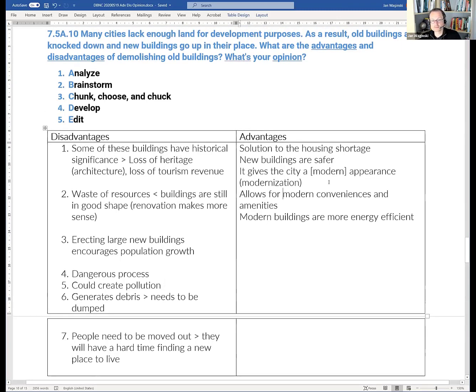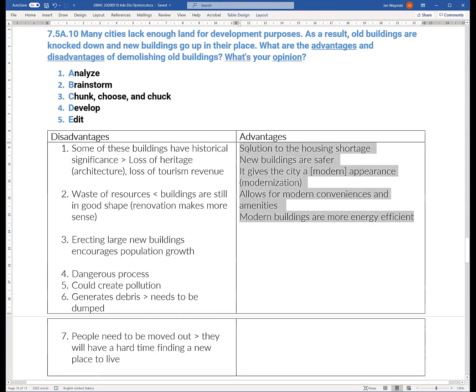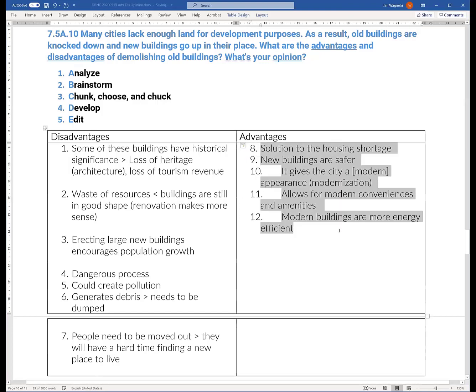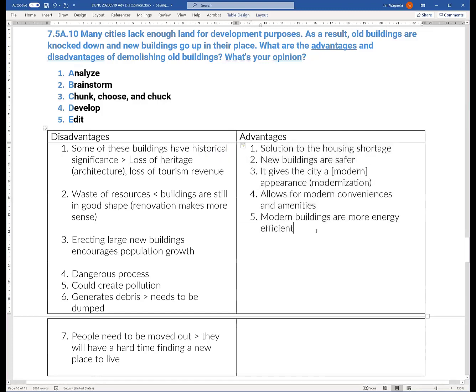Do the advantages outweigh the disadvantages, or do the disadvantages outweigh the advantages? I think the disadvantages outweigh the advantages. Okay.